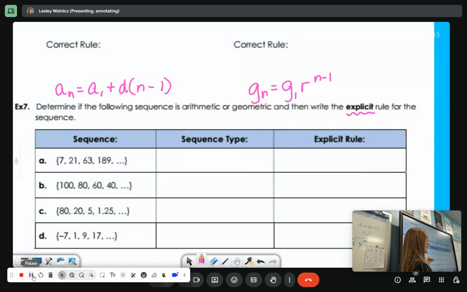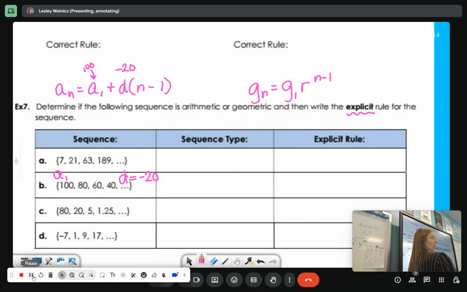I'm going to do B and C with you, and then you're going to do A and D, okay? Look at B. What have we got going on here? It's subtracting 20 every time, so we have a common difference of negative 20. Okay, our first term is 100. So we are going to put in the 100 for the A sub 1, and we're going to put minus 20 in for D. That's all we're going to change.